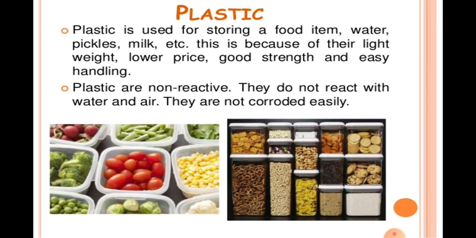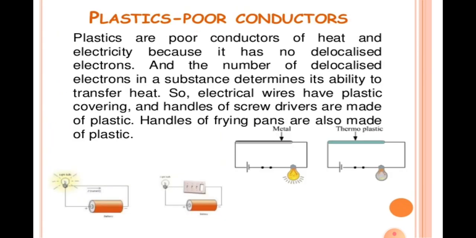Plastic is used for storing food items, water, pickles, milk, etc. This is because of their light weight, lower price, good strength, and easy handling. Plastics are non-reactive. That means they do not react with water and air. They are not corroded easily.